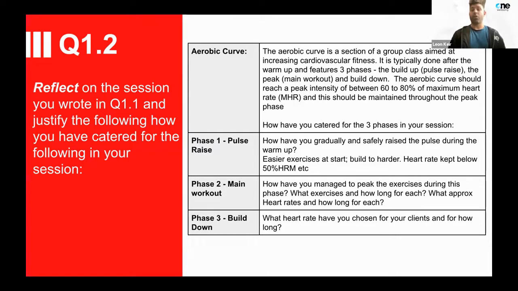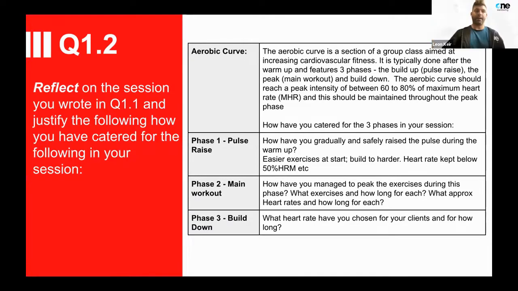Then with our main body, every round we're picking up the intensity. So the peak of this session, for me, is going to be the last round of the circuit, where the hardest part of this session is going to be because they're going to be fatigued.